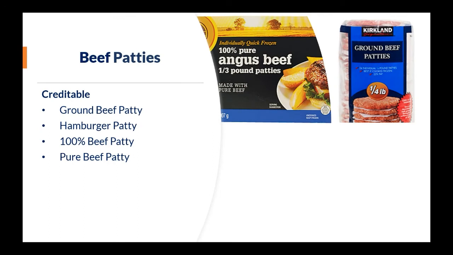One such item on this list that causes a lot of confusion is pre-made frozen beef patties. When you're purchasing pre-made frozen patties, only those labeled as a ground beef patty, hamburger patty, 100% beef patty, or pure beef patty are creditable without a CN label or product formulation statement.